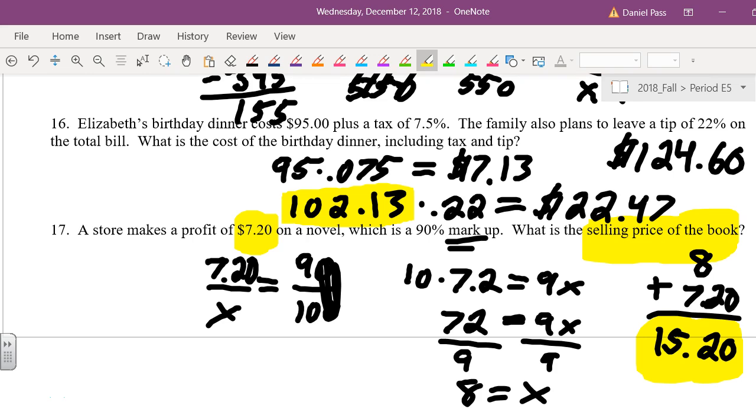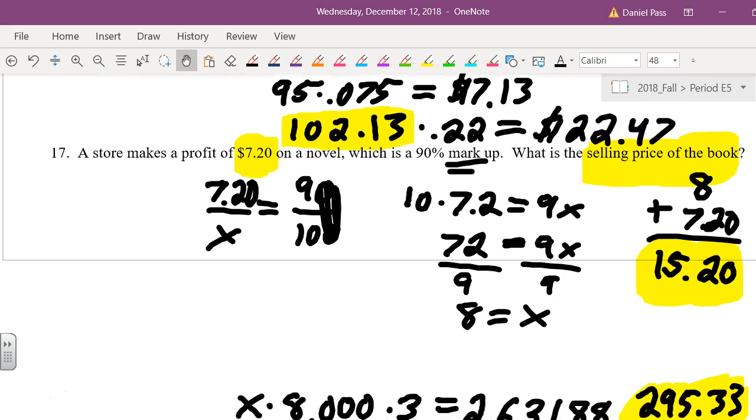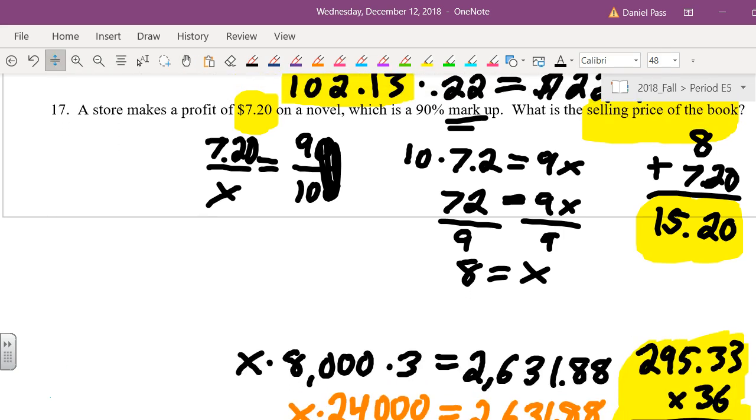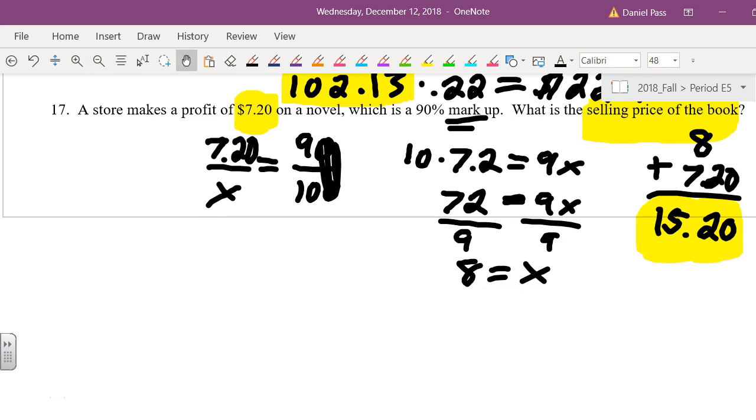Do you want to use the equation method though? That'd be awesome. We could have both. Sure. Okay, so let's do the equation method. Which, by the way, is very closely related to our proportions because we go 1 times 2 equals 3, right? Yes.